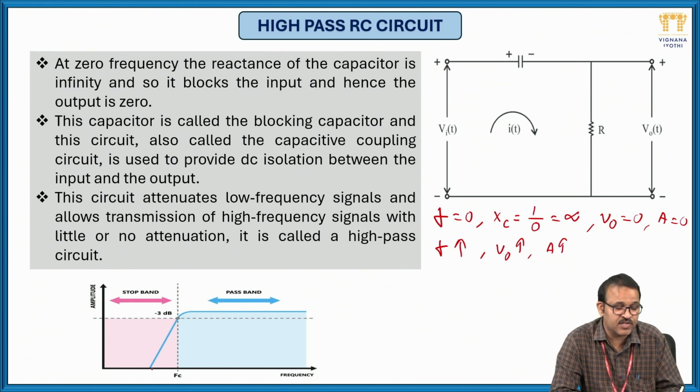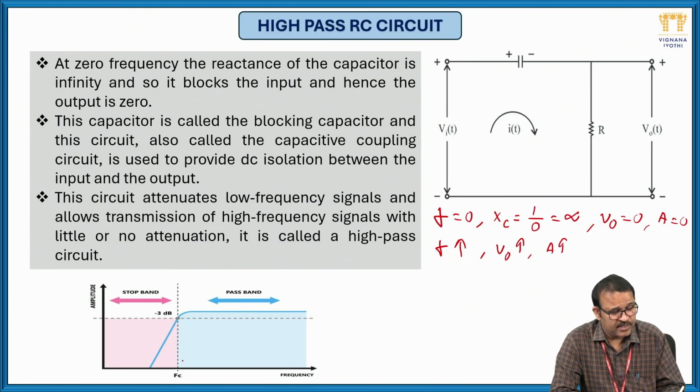Here the gain is increasing from 0 towards the maximum value. At f equal to fC, the cutoff frequency, the gain is 1 by root 2 of its maximum value. The maximum value is 1, so 1 by root 2 is 0.707.